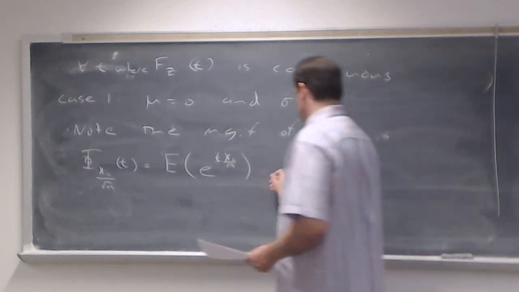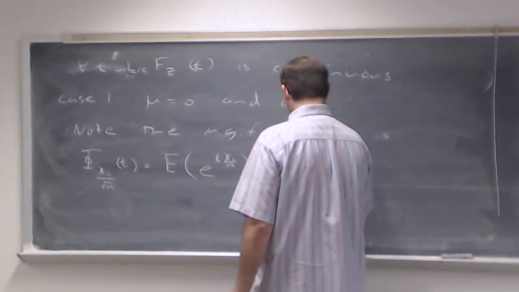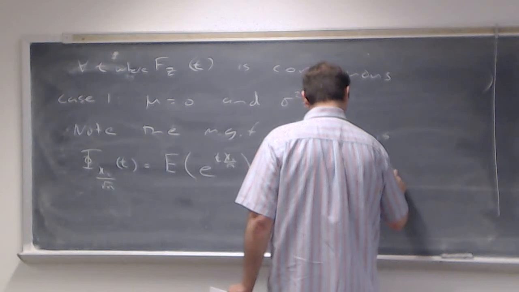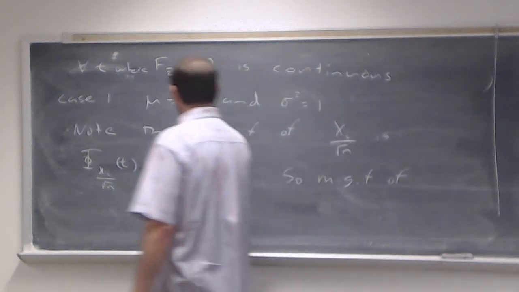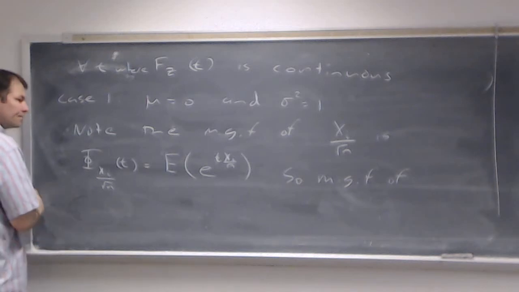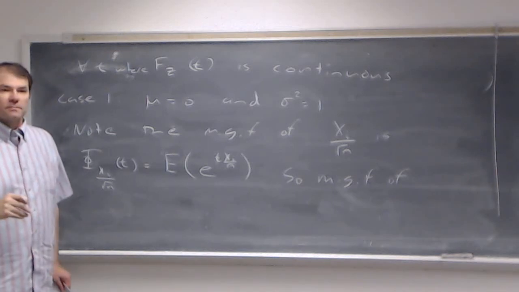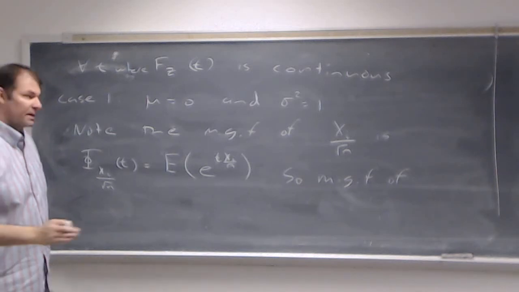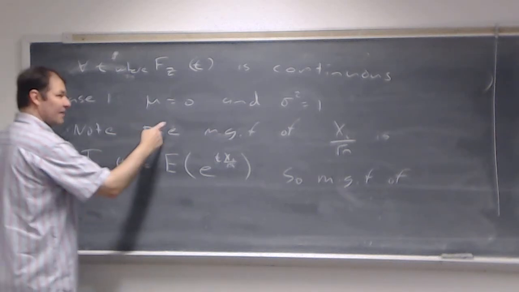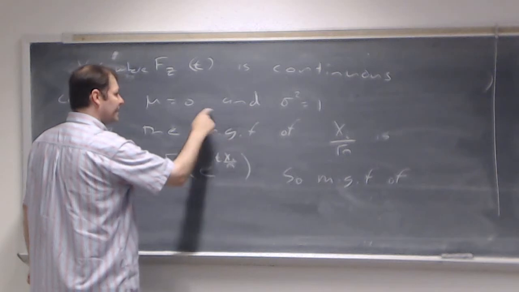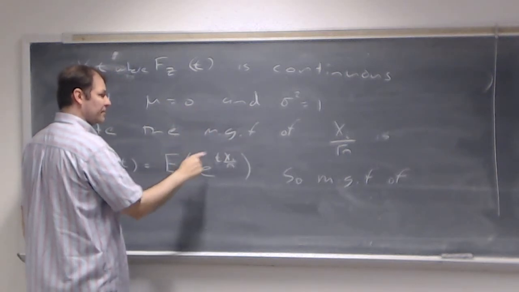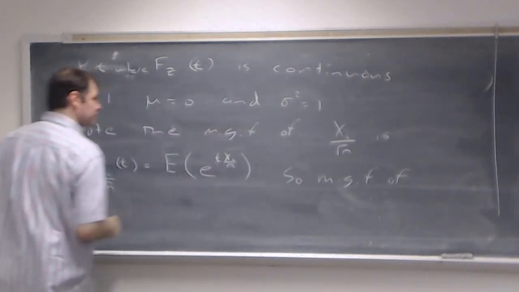So, the moment generating function of, now in this case where mu is 0 and sigma squared is 1, the random variable involved in the central limit theorem becomes, remember, it's the X sub i's added together up to X sub n, minus n times mu, but mu is 0, over the square root of n times sigma, which is 1.